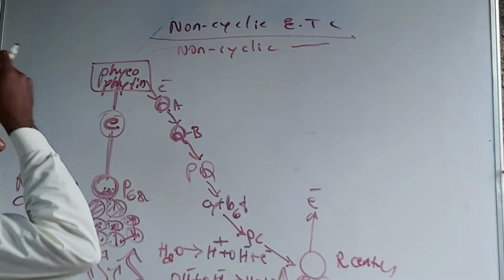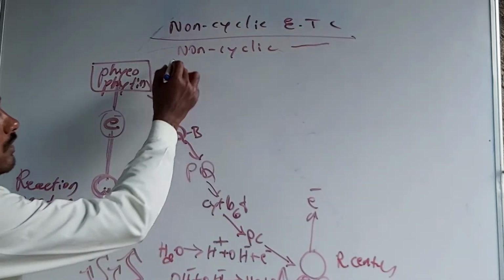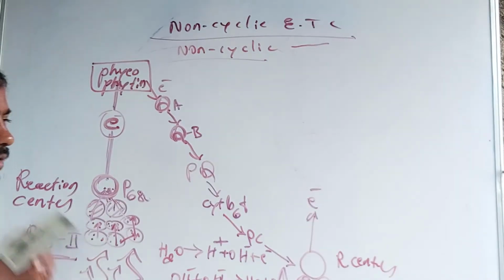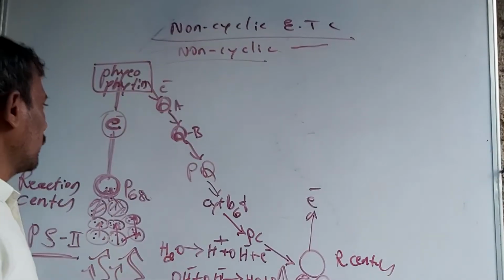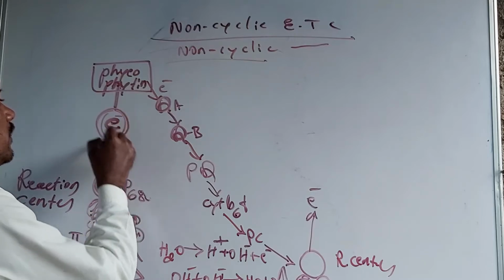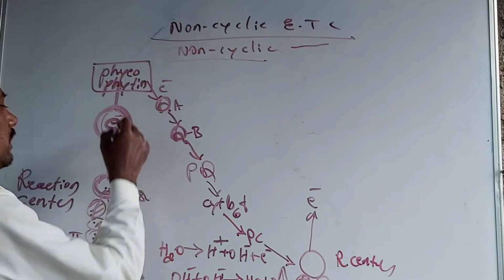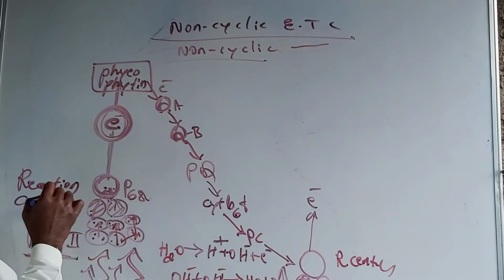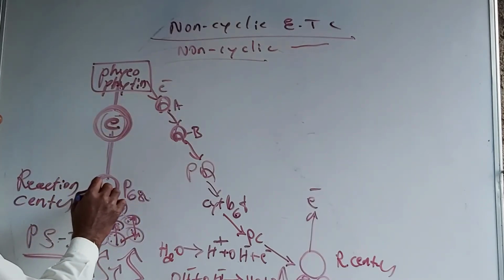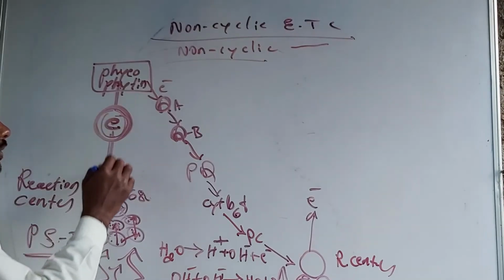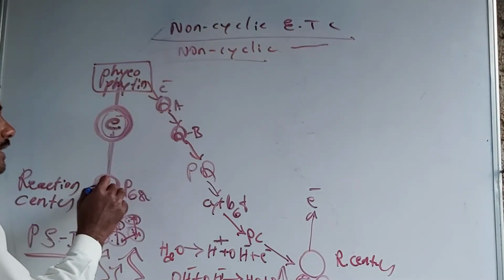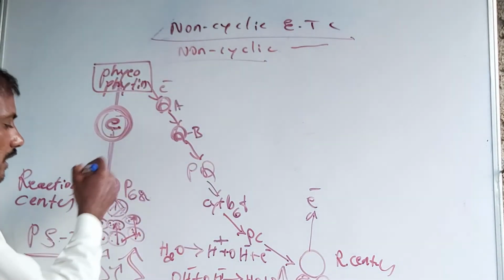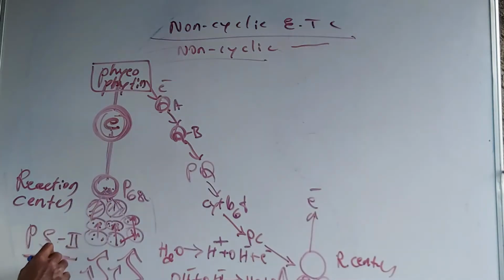Like this, I had discussed earlier the non-cyclic photophosphorylation. During non-cyclic photophosphorylation, whatever electron is expelled from the reaction center of pigment system second won't come back to the original reaction center of pigment system 2.